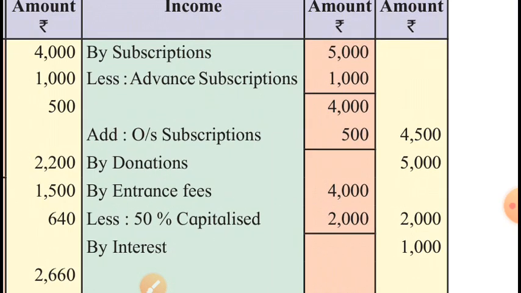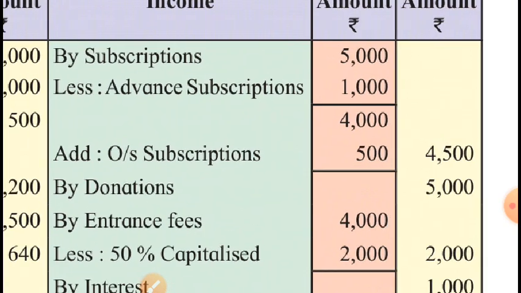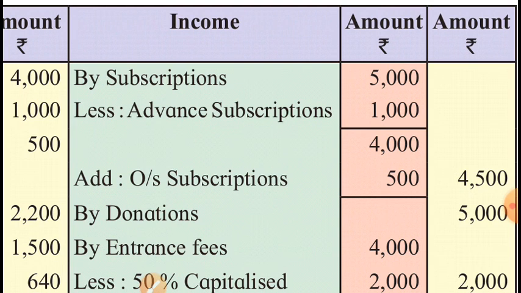On the credit side we can see we received subscription 5,000 but 1,000 is for the next year, so it is deducted as it is not the income of this year, and outstanding for this year is added. Thereby total subscription is 4,500 only for this year.